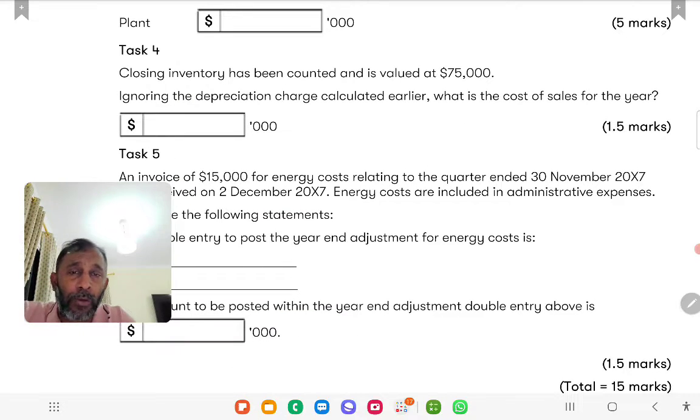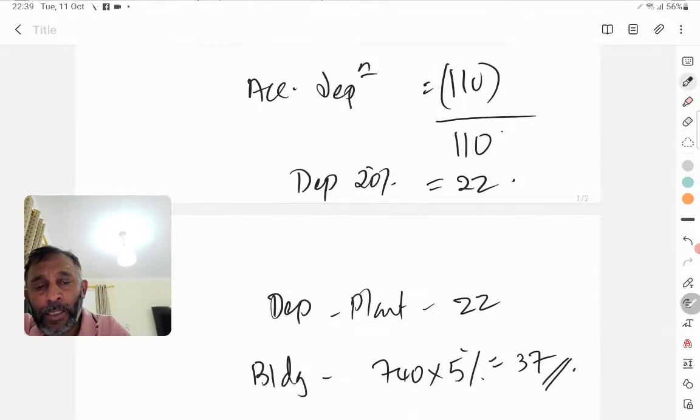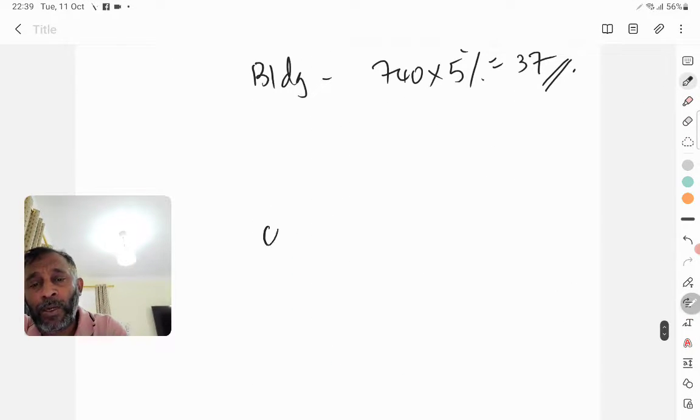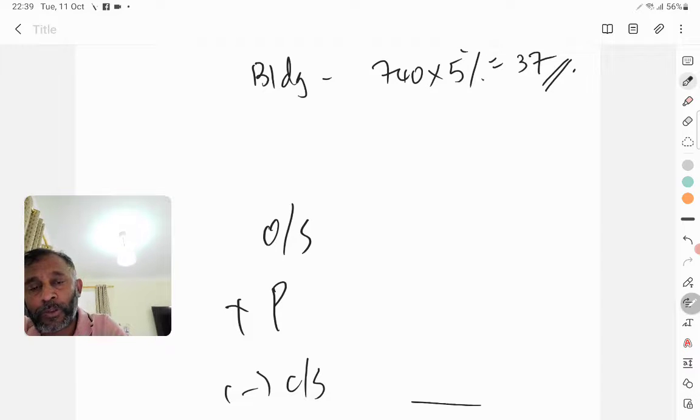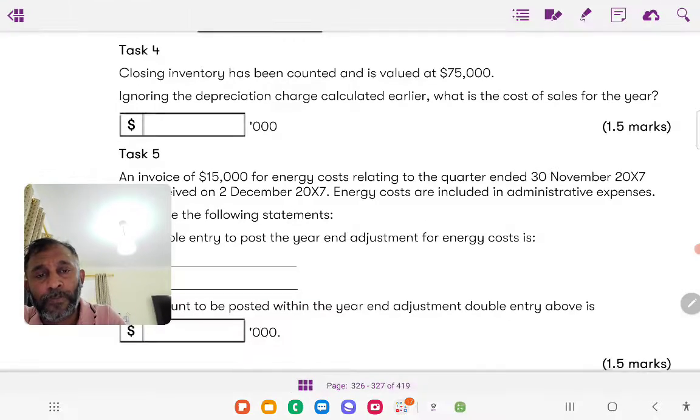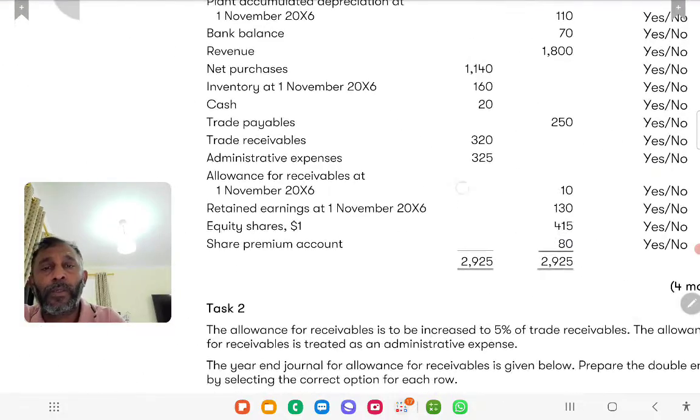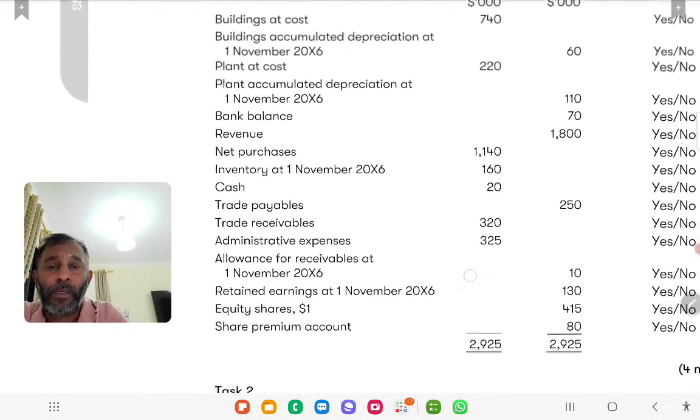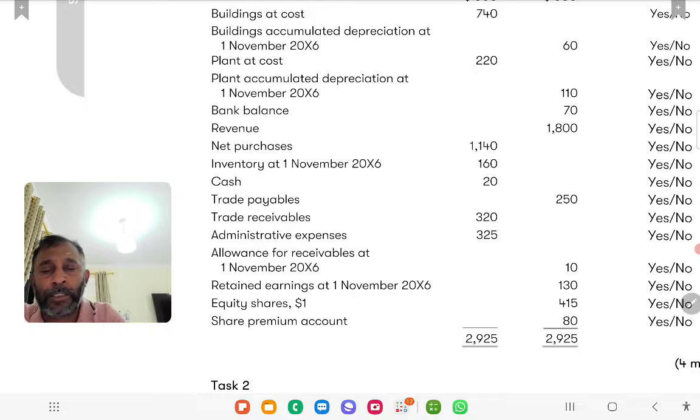Closing inventory has been counted and is valued at 75,000. Ignore the depreciation charge calculated earlier. What is the cost of sales for the year end? The cost of sales calculation will be opening stock plus purchases minus closing stock. What's your opening stock? Opening stock is 160.